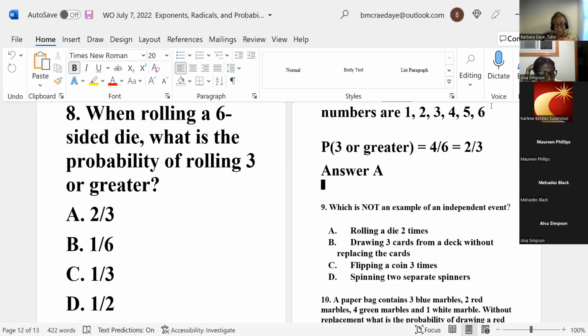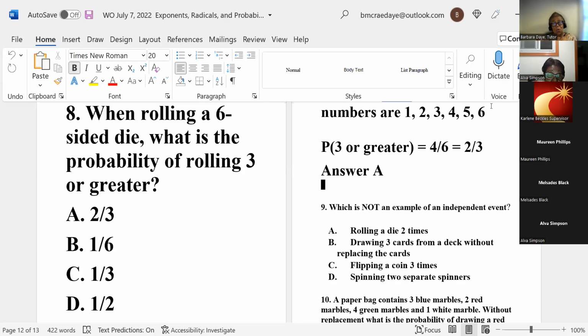Okay, but what about B? Draw 3 cards from a deck without replacement. We just went through the ones where we took out 6, right? Yes. So now the second time you take out something is dependent, because now you have fewer cards to pull from.